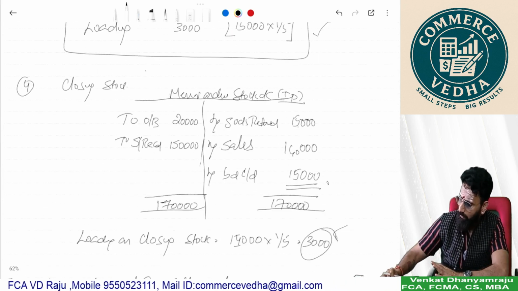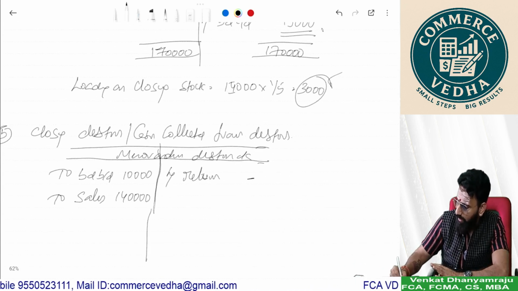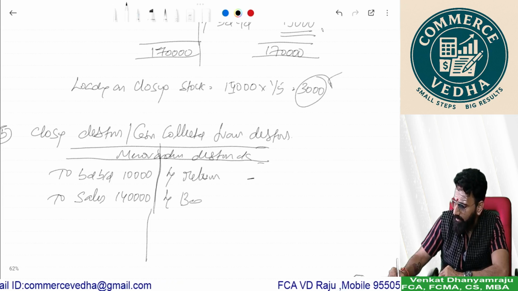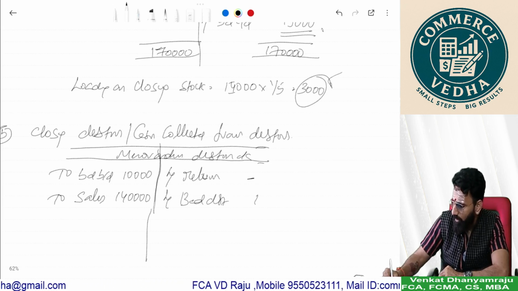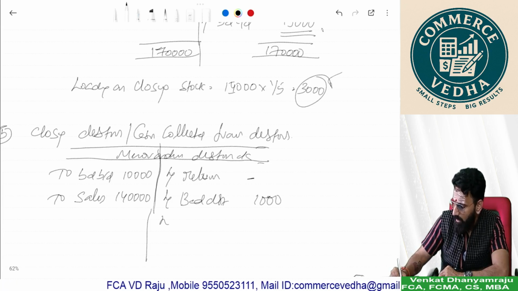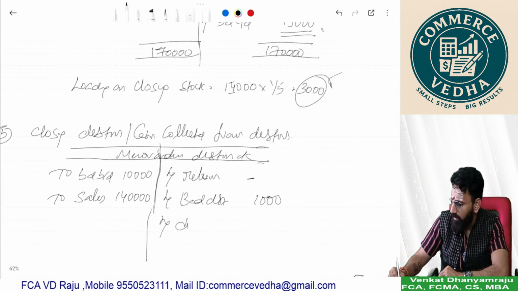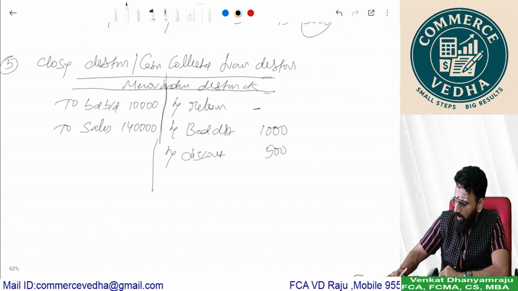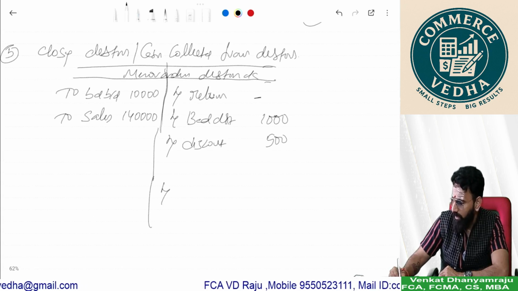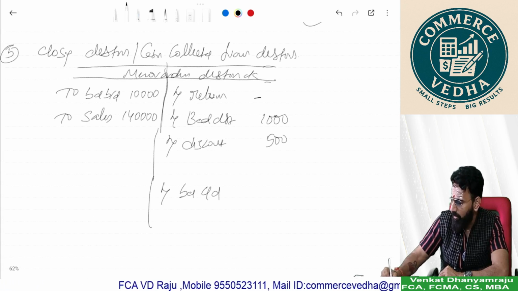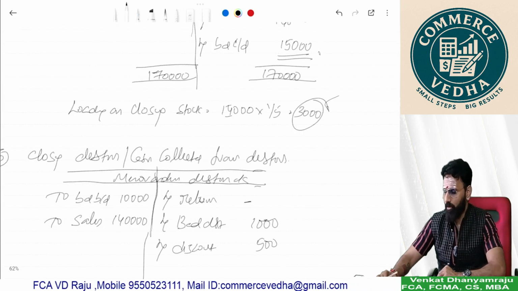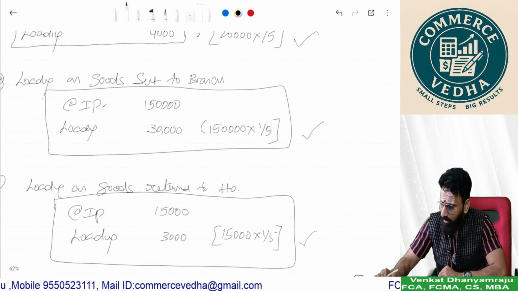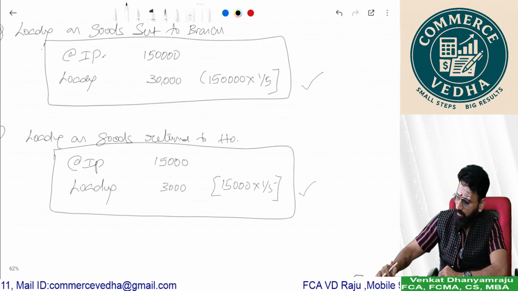Bad debts and discount are given, and closing debtors is given. So by bad debt 1,000, by discount 500, and by balance carried down the closing, which is 15,000.